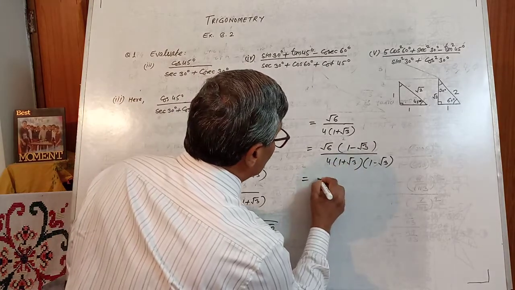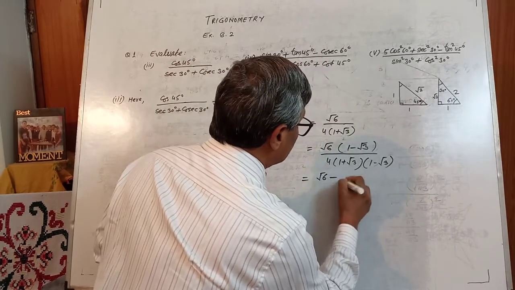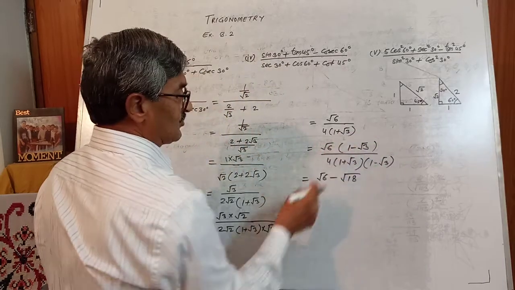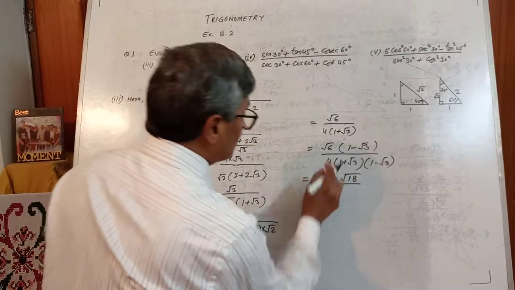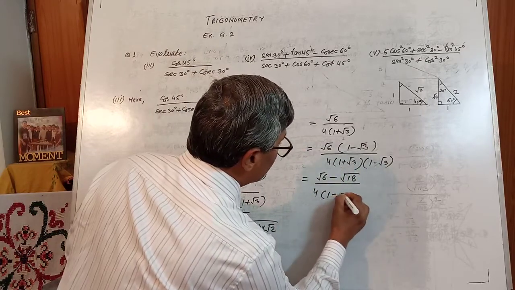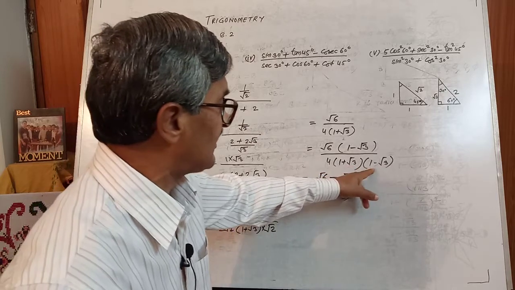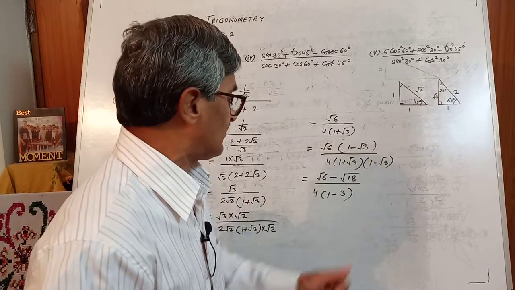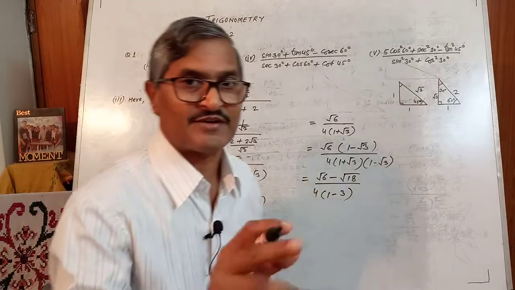Now leave this one. Root 6 into 1 minus root 3 gives root 6 minus root 6 into 3, which is root 18. Here leave 4 as it is. If you multiply 1 plus root 3 by 1 minus root 3, it will be 1 square minus root 3 square, using the identity a plus b, a minus b. A square means 1 square, minus root 3 square, which means 3.